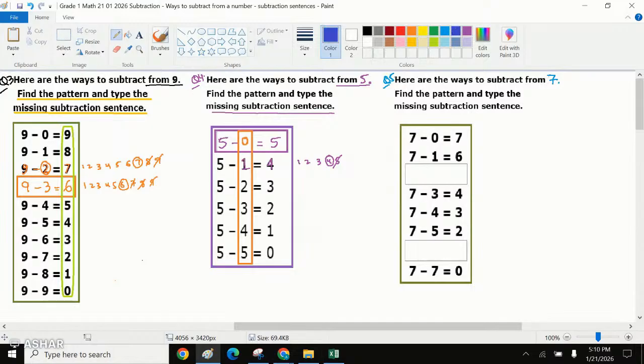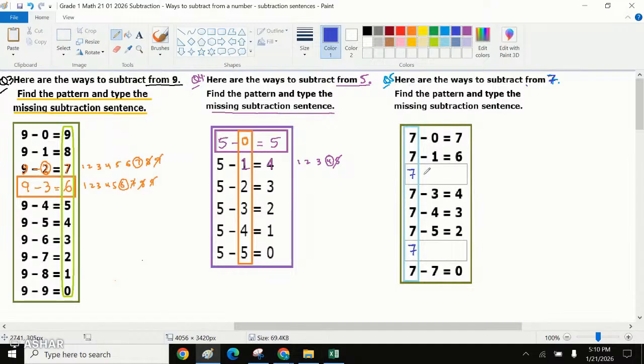So what we can see over here is they are being subtracted from 7, right? That means 7 minus 0 was 7. And that also means that the first number in the first term would always be a 7, right? 7 and a 7 over here.